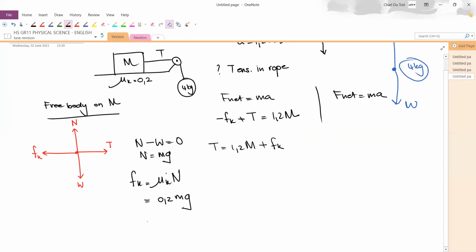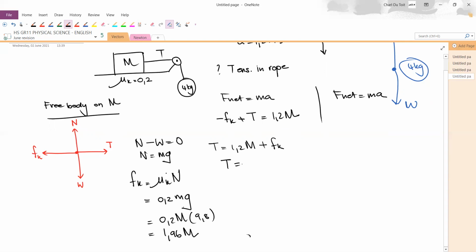What's the mass of the big block? We don't have one, so we're going to keep it M. Mg is M times 9.8. So that's 9.8 times 0.2, 1.96 big M. That's the kinetic friction.